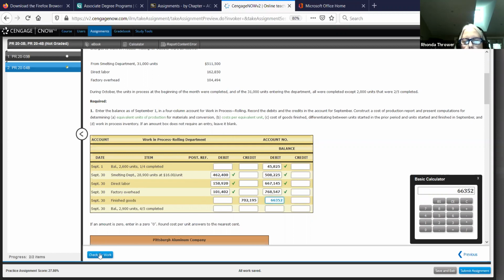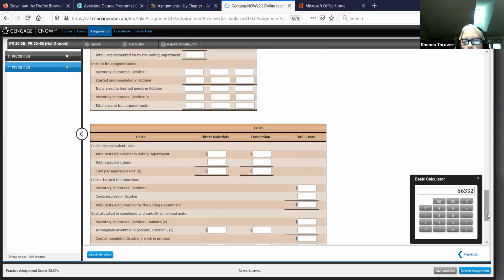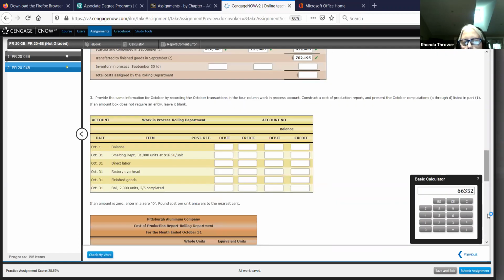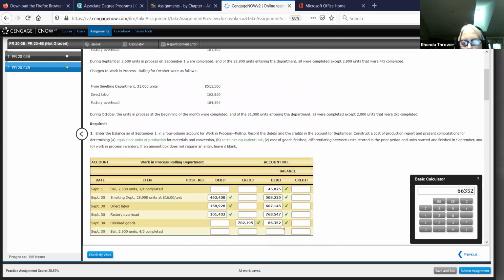And we can check our work just to make sure that we're right. So this is the ending balance in your work in process inventory.